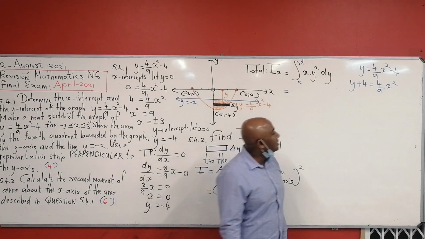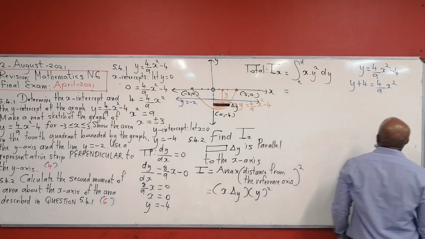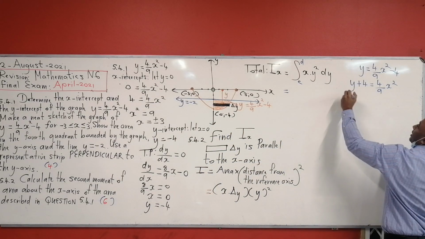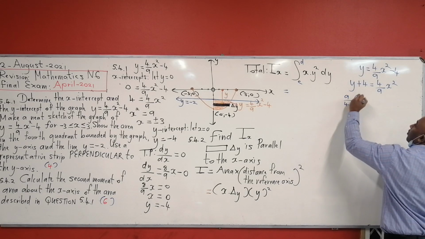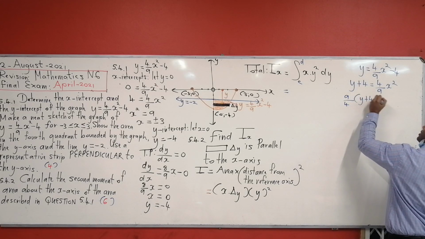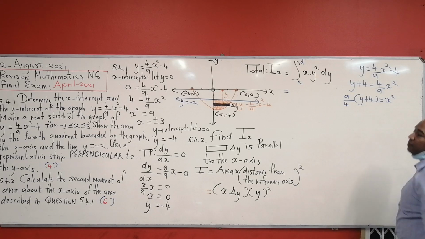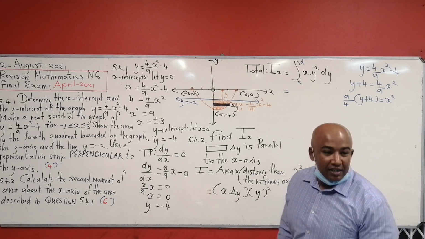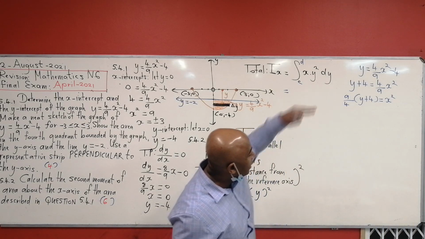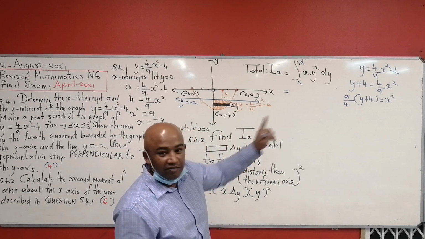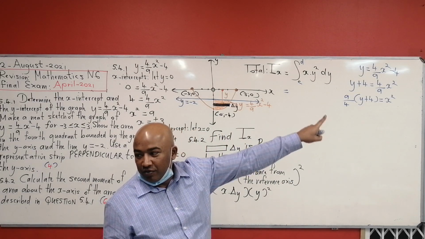So if I multiply, I'm going to get 9 over 4 times y plus 4 is equal to x squared. I got rid of 4 over 9 on the right hand side by multiplying by 9 over 4 on the right, 9 over 4 on the left, and 4 over 9 and 9 over 4 will cancel.